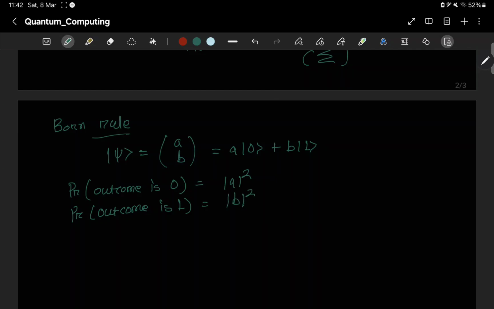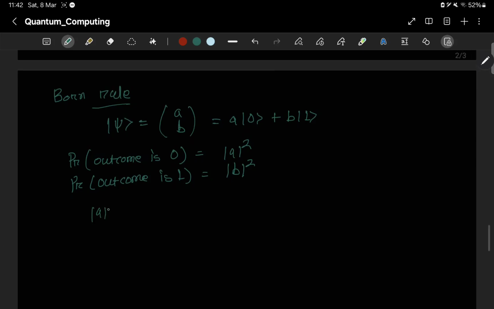Why is that? Because the total probability should be equal to 1, right? And these are the two possible states we can have in this system. So the absolute value square of the coefficients should sum to 1, and each absolute value square represents the probability of occurrence of the corresponding classical state when it is measured.